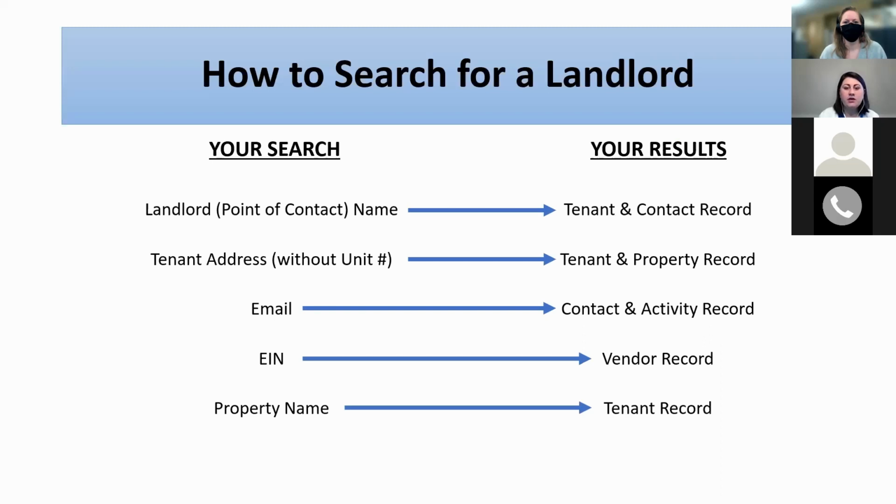Next, when you're searching for the landlord point of contact name, you're going to see a relationship. So when you're using that global search, it's giving you the information in columns, right? Those columns are related to different types and groups of information in the system. Those types and groups may be the contact record, they may be the account, they may be the tenant record, or the landlord registration.